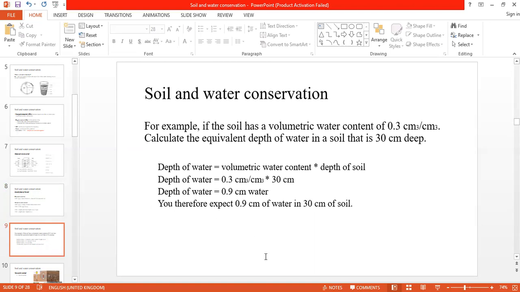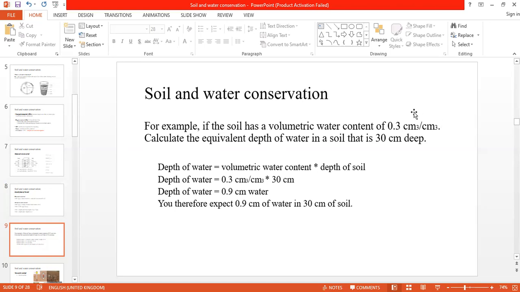Here is just an example of volumetric moisture content. If it is reported that the soil has a volumetric moisture content of 0.3 centimeter cubed per centimeter cubed, then they ask to calculate the depth of water in a soil that is 30 centimeters deep.